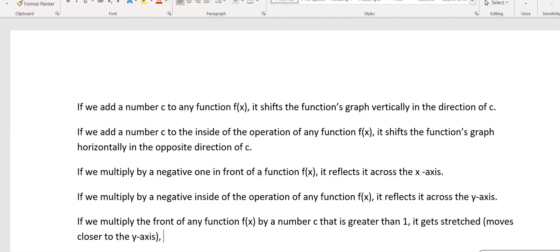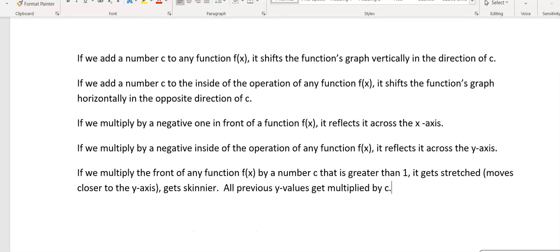Or you can think of it as get skinnier. All previous y values get multiplied by c.